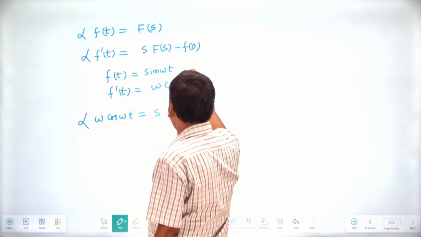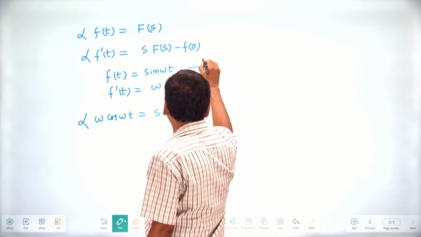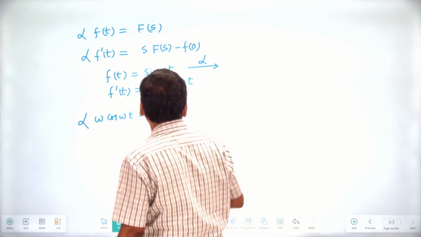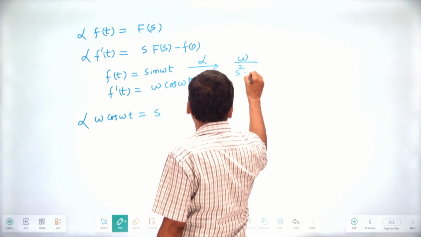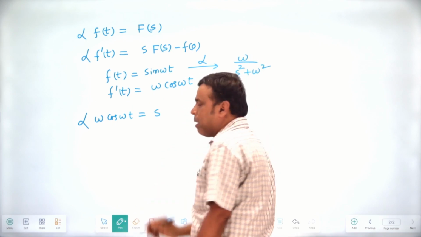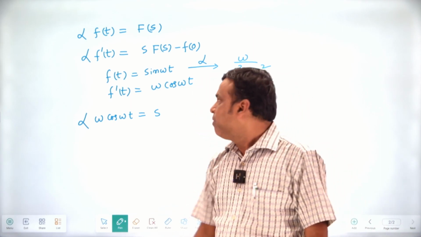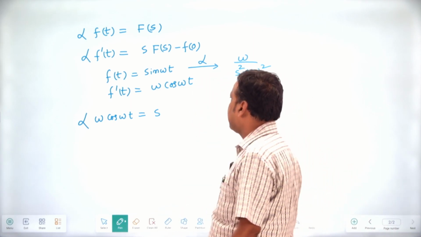If f of t is sin omega t, its Laplace transform F of s is omega by s square plus omega square.